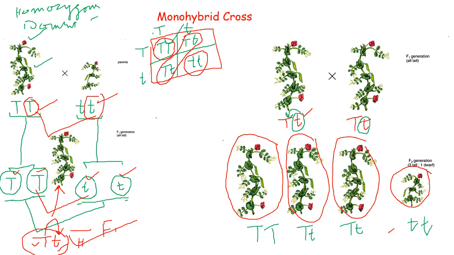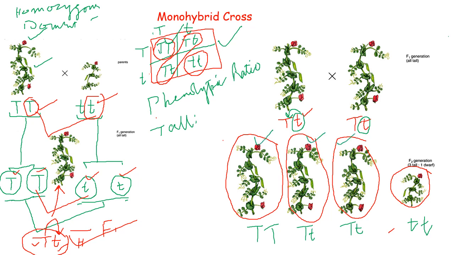You can also check it here in this box. Now, if we look at the phenotypic ratio, how many plants are tall? We have three tall plants, 1, 2 and 3 in this box.